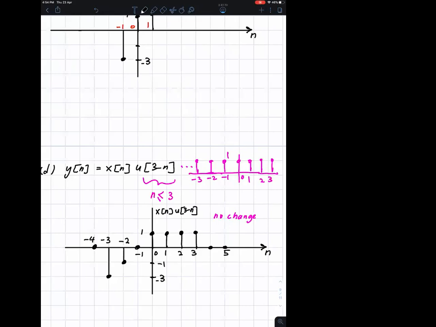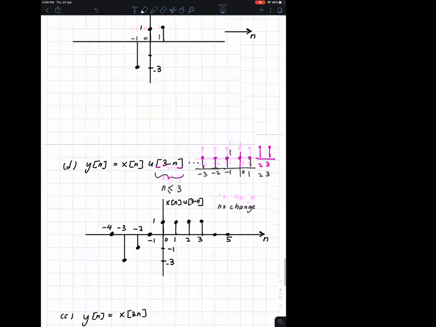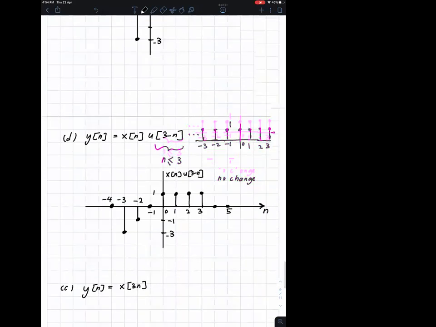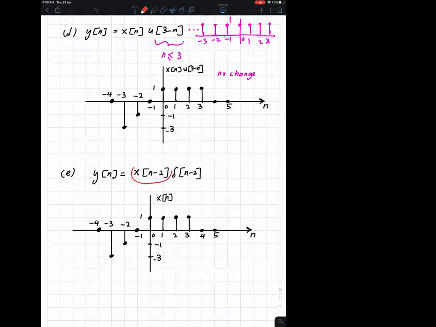Okay. Any question? Okay, that's the last one. Do this first. Or you want to do the other way also can, I think. I don't know. You can try.